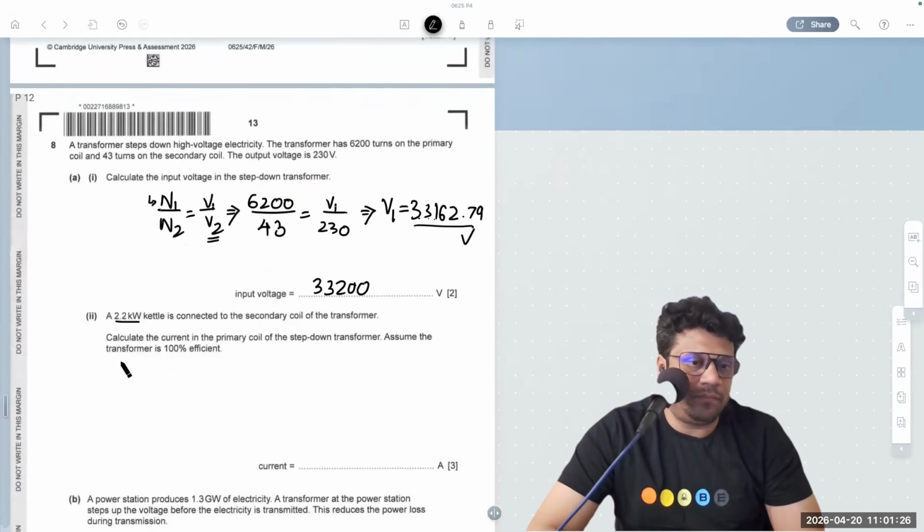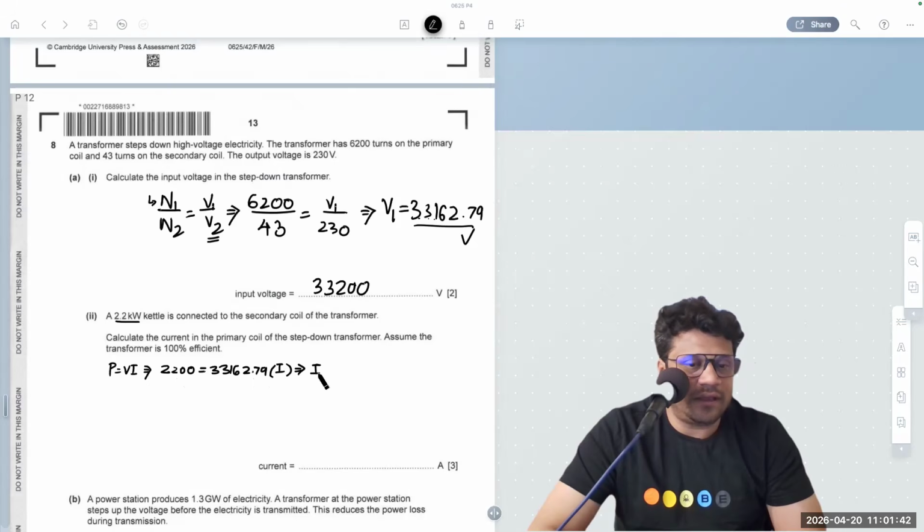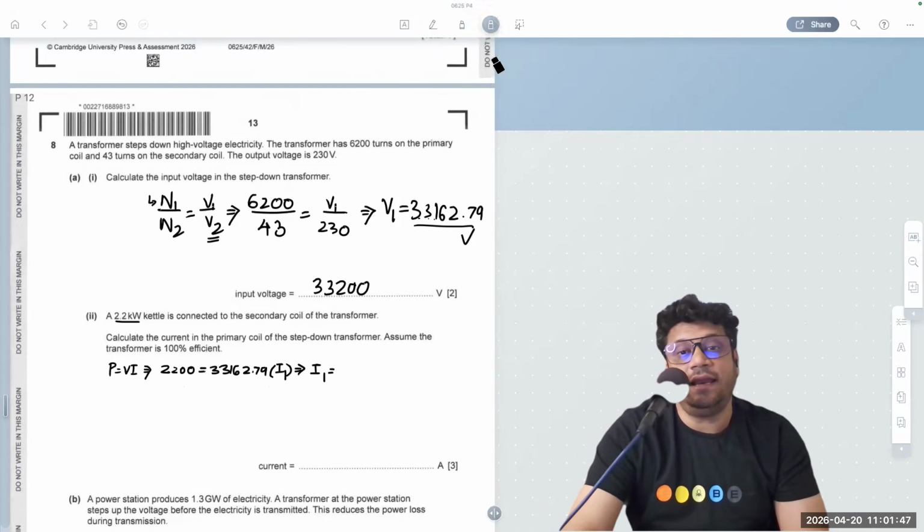Well, the power is supposed to be V into I. So 2.2 kilowatt, so that's 2200 watts is equal to 33162.79 into I. That gives me the current in the secondary circuit.